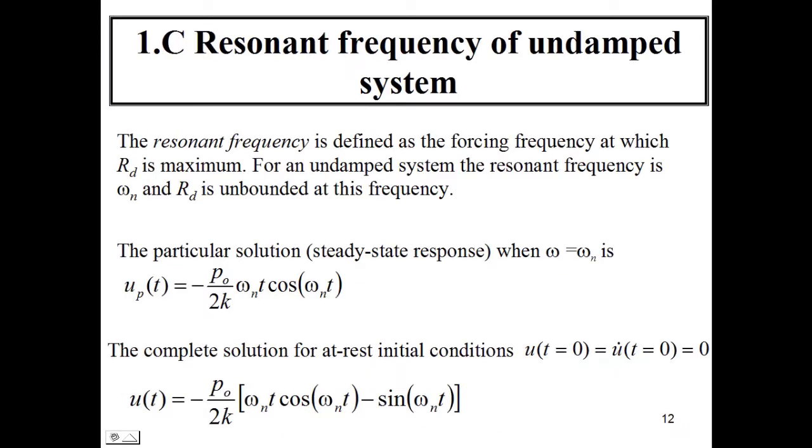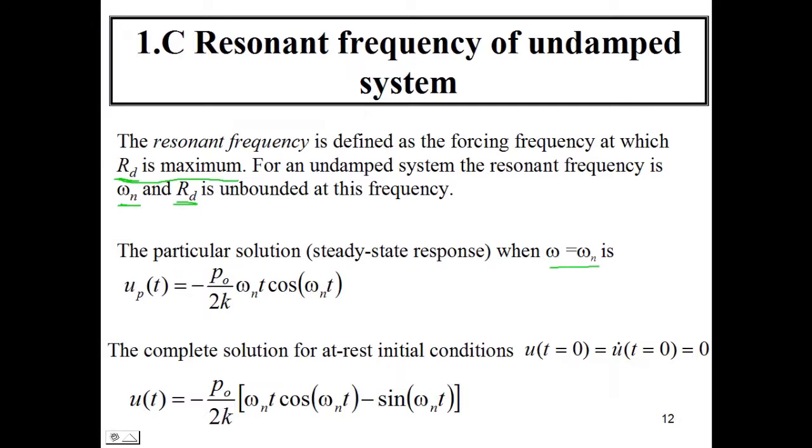Resonant frequency of undamped system. The resonant frequency is defined as the forcing frequency at which Rd is maximum. For an undamped system, the resonant frequency is omega n, and Rd is unbounded at this frequency.